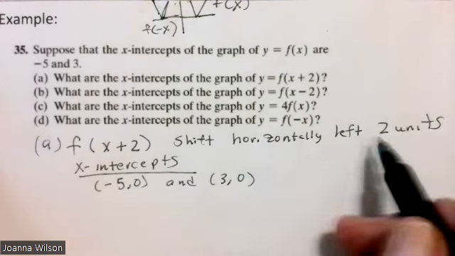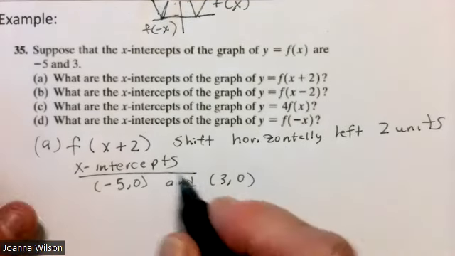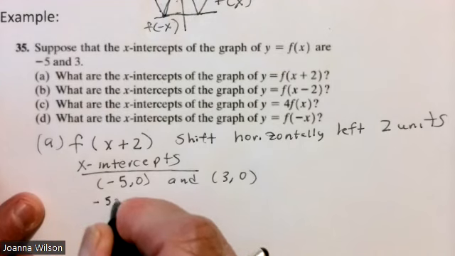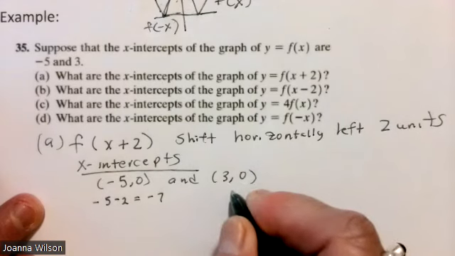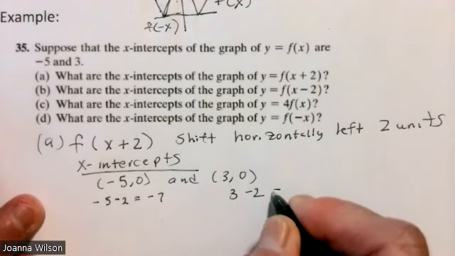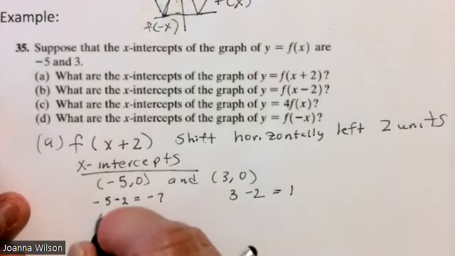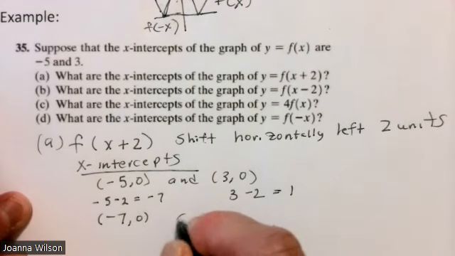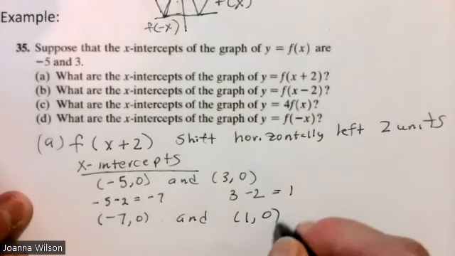Because this is a horizontal shift, it doesn't affect the y value. So if I subtract 2, -5 minus 2 gives me -7, and 3 minus 2 gives me 1. And so the new x-intercepts would be (-7, 0) and (1, 0). Okay.